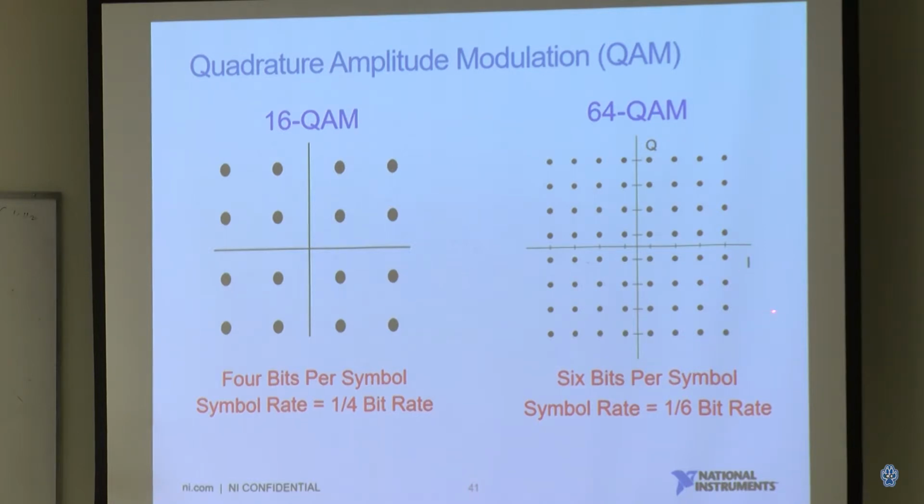And you have more symbols, and your symbol rate is lower. When I say symbol rate, it means the rate is only 1/6 of the bit rate because each symbol requires 6 bits, so 1 divided by 6.